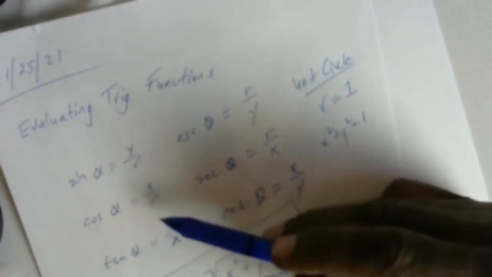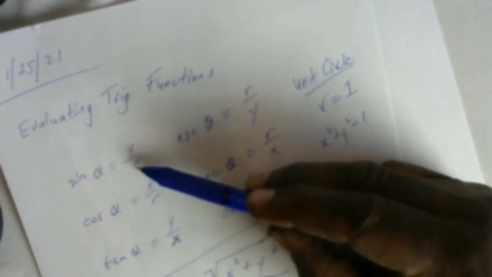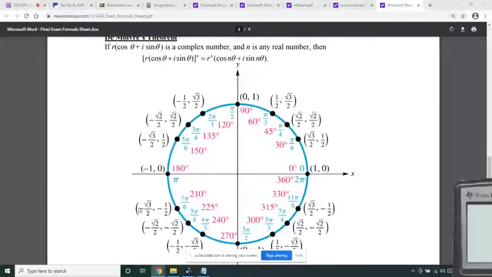Now, in order to find tangent, we would still have to put Y over X, right? But the stipulation here is that the radius is 1. So for 210 degrees, we can actually verify the cosine is negative square root of 3 over 2.